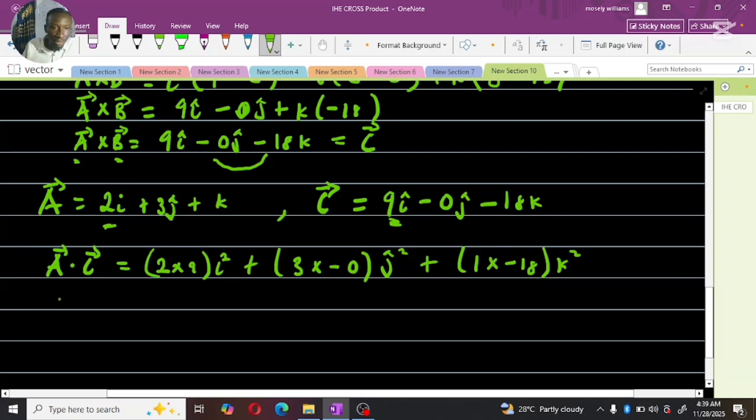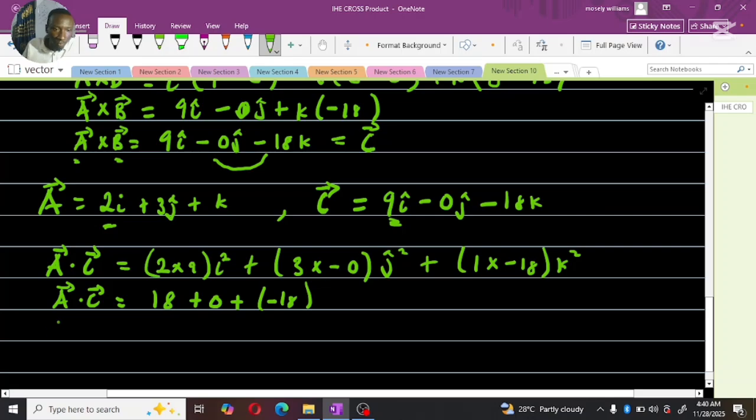So which means that my A dot C will give me 2 times 9 is what? 18, and I squared is 1, right? Plus 3 times 0 is 0, J squared is what? 1, 1 times 0 is still 0, plus 1 times minus 18 is minus 18, K squared is 1, right? So we have minus 18.